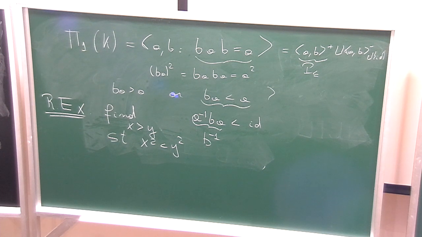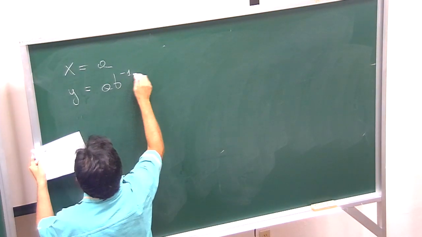Okay, another example in this group. Take x equal to a and y equal to a b inverse.